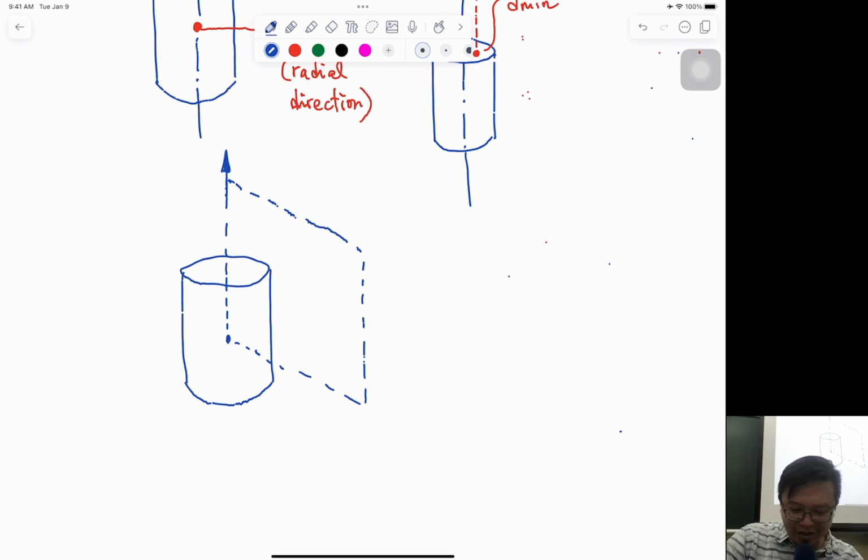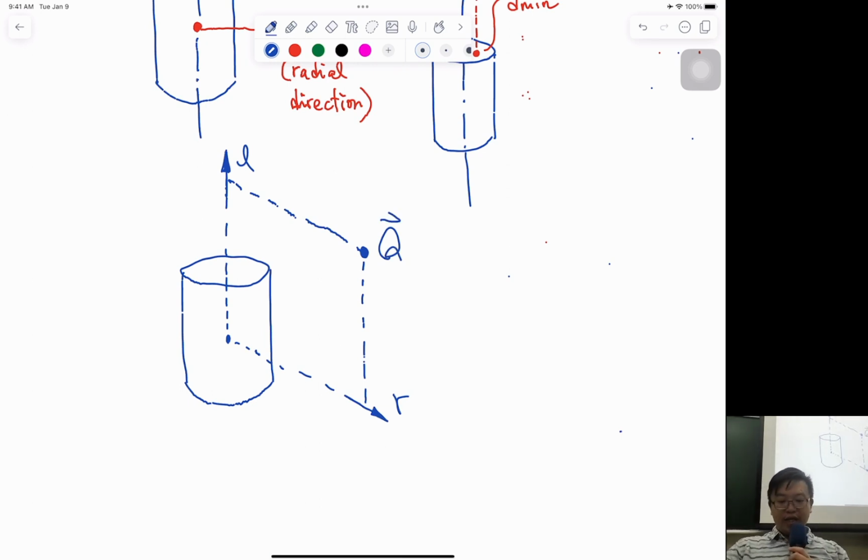Now better. Okay, this is the L direction, and this is the R direction. And let's say the obstacle is on top of the RL plane. So this is the obstacle, and let me choose a symbol Q as the obstacle.